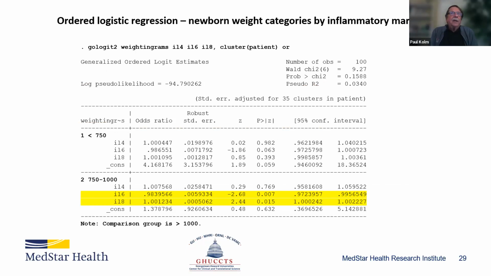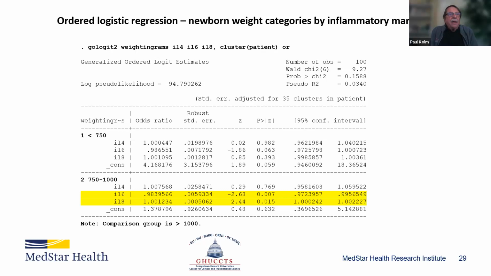However, often in newborn research, they like to put these in categories because the risk of infant mortality or other comorbidities that might happen increases with smaller birth weight. And so you often see this in their literature.